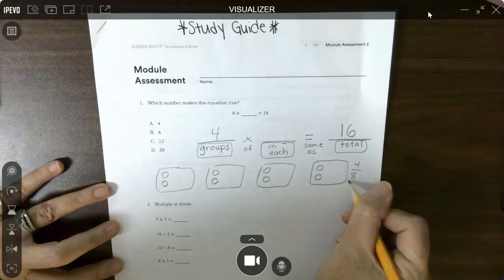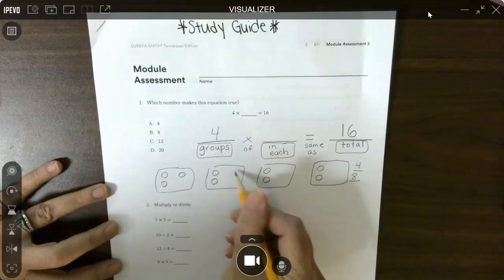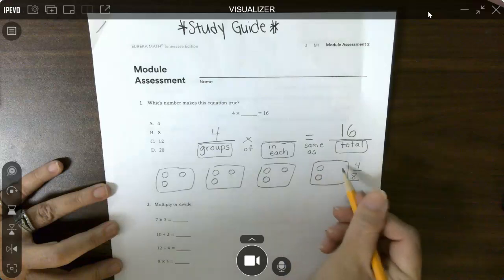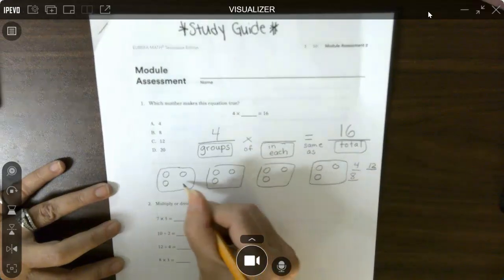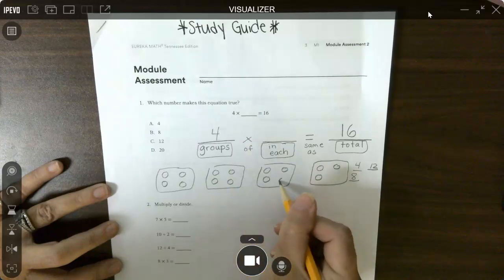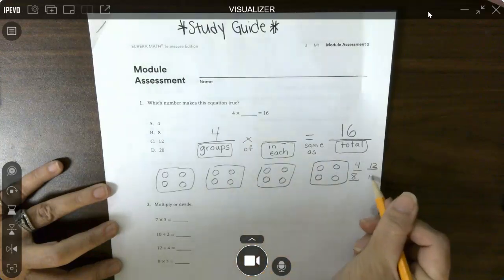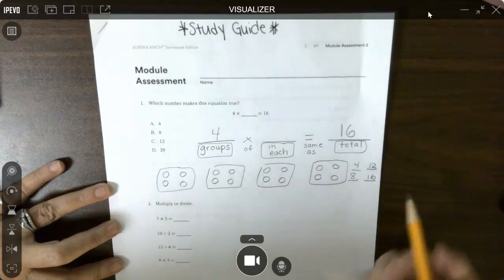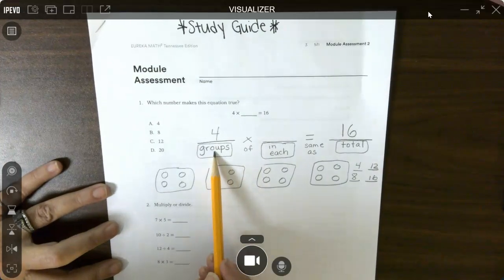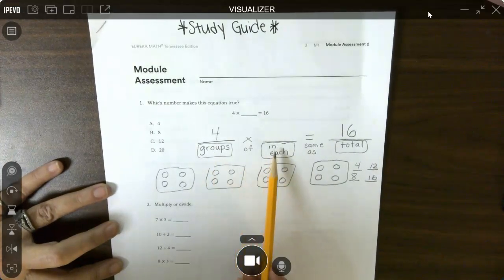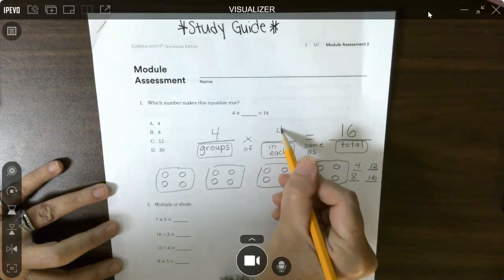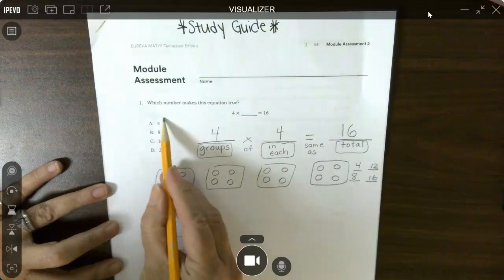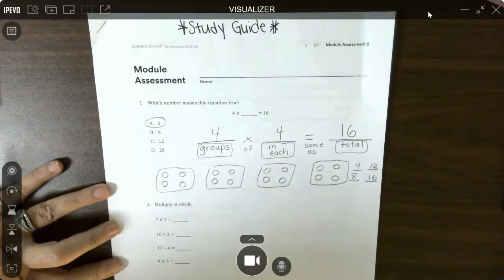I'm going to record that. 9, 10, 11, 12. 13, 14, 15, 16. I have made 4 groups, and now I know how many is inside each group. There are 4 items inside each group, so I would select this answer.